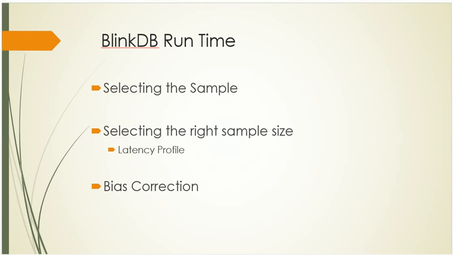To correct for this bias, BlinkDB keeps track of the effective sampling rate for each group associated with each sample in a hidden column as a part of the sample table schema, and uses this to weight different subgroups to produce an unbiased result.